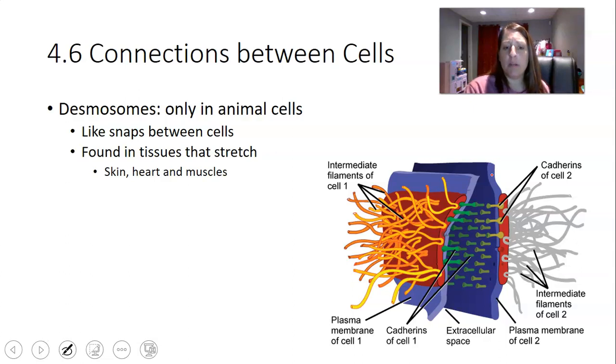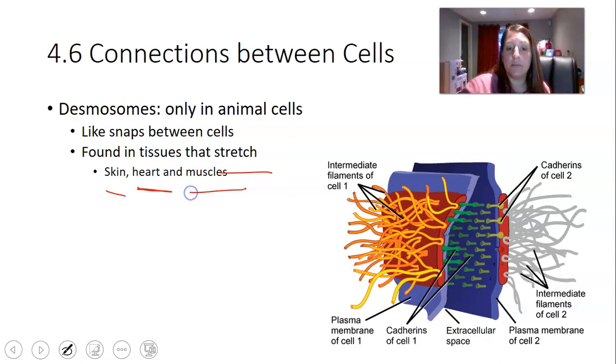These are important in regions of the body where the tissue needs to be able to stretch. So if we're talking about your skin or your heart, that's an organ that has to be able to stretch. The lining of that organ is made up of cells that will have these types of connections between them.